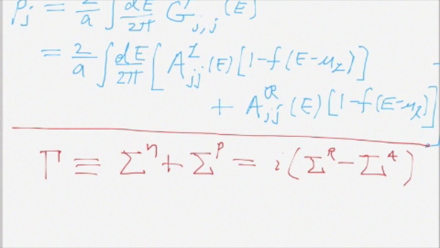Sigma n was just our gamma times f, sigma p is our gamma times 1 minus f, you add them together, the f's go away, and you just get gamma.